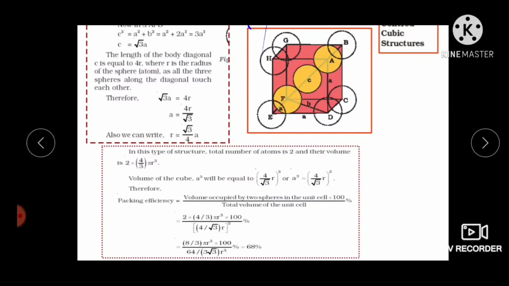Then substitute the values. We get 8/3 πr³ divided by 64/(3 root 3) r³, into 100, equal 68%. Therefore, the packing efficiency in BCC lattice is 68%.